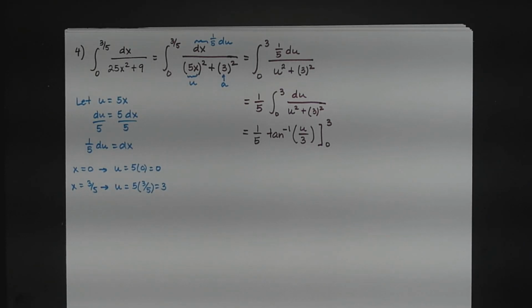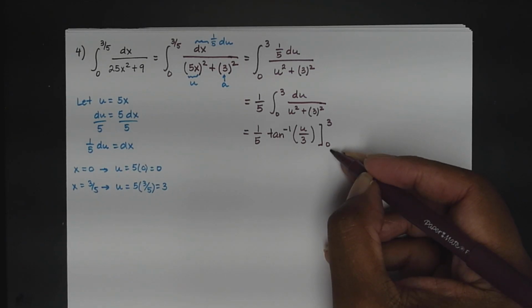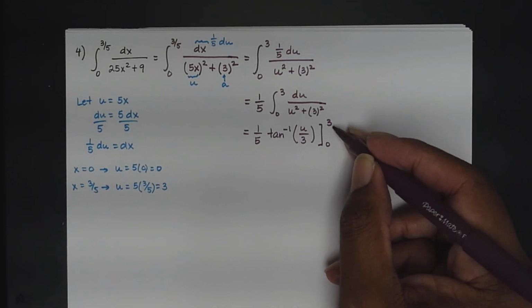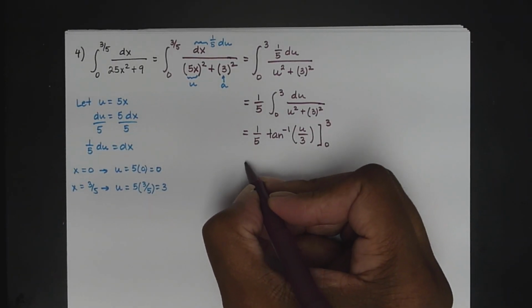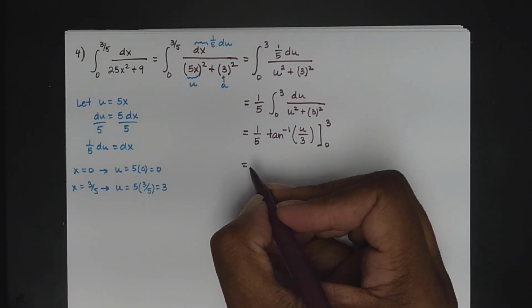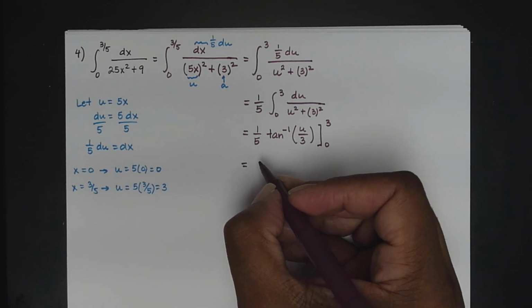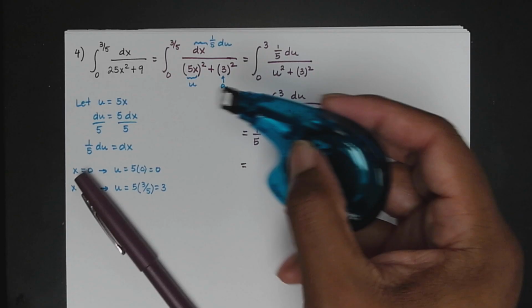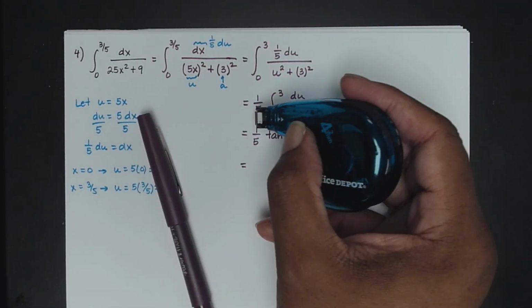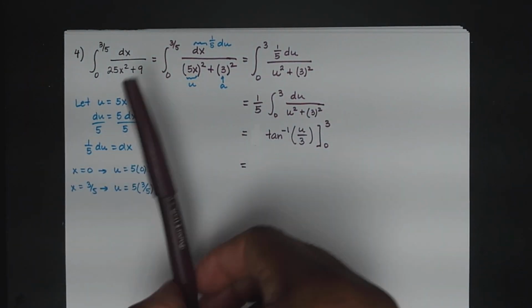All right. Now, from here, we can just do upper limit minus the lower limit, because these are our u limits. So here's what we're going to have. And actually, I'm missing something right here. That 3 right here, that needs to be 1/3. Because, of course, we're going to have the 1/5.